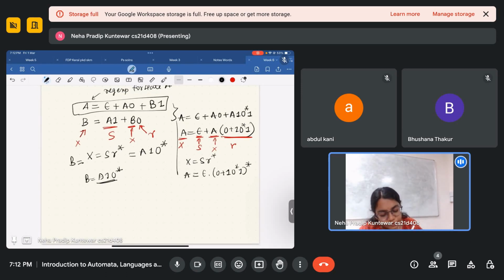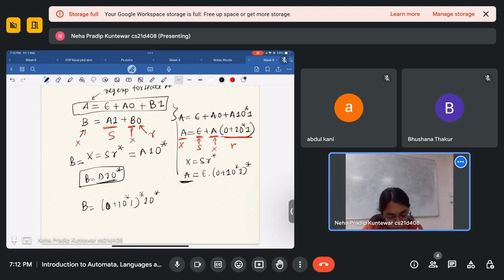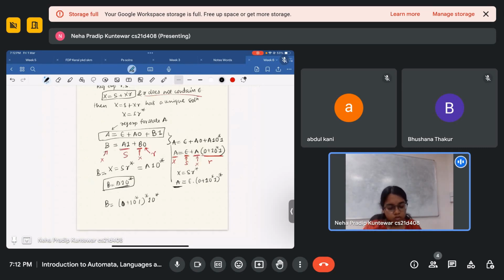Now if we plug this value of A into B, what we get is B = (0 + 10 star 1) star followed by 10 star.